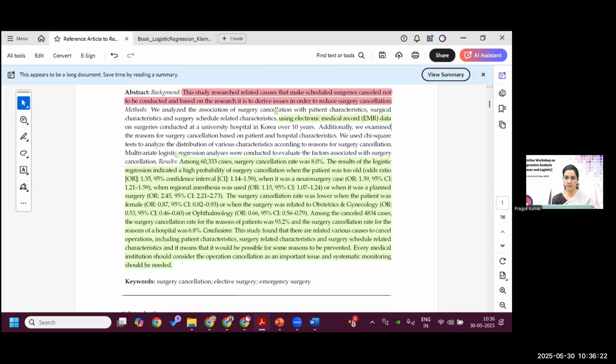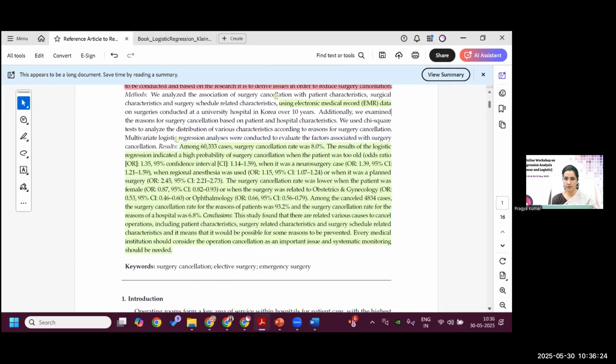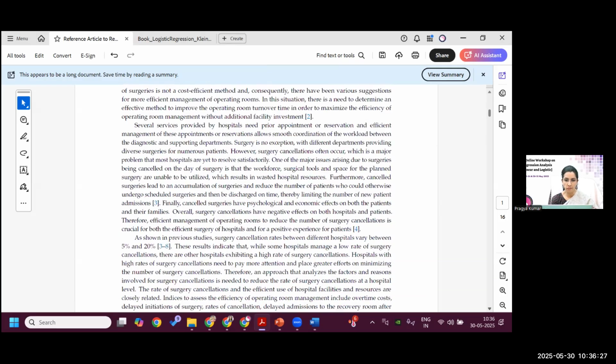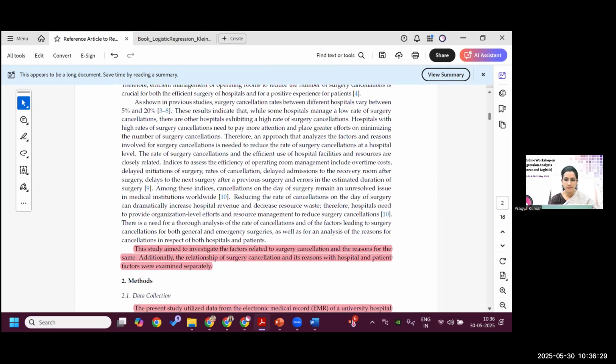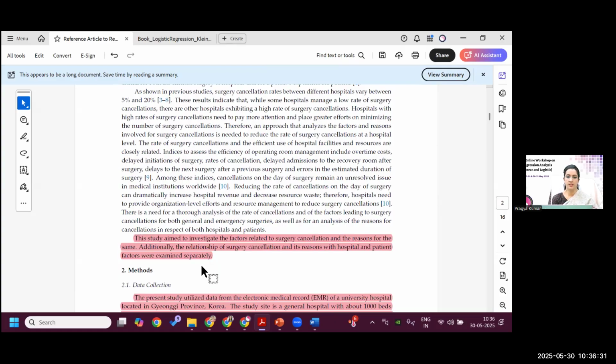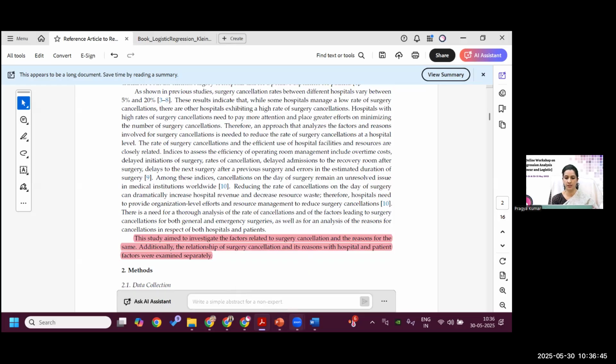And if you come down, the study aimed to investigate the factors related to surgery cancellation and the reasons for the same. Additionally, the relationship of surgery cancellation and its reason with hospital and patient factors were also examined separately. So this was the objective of the study.